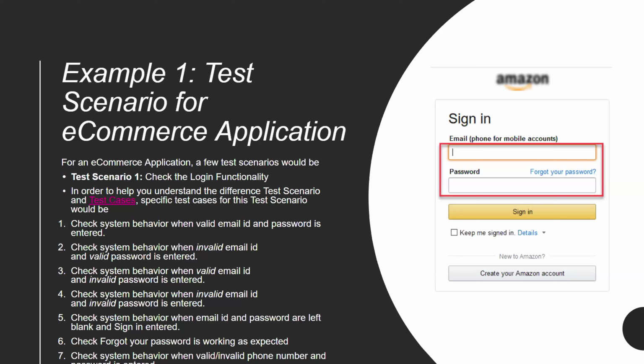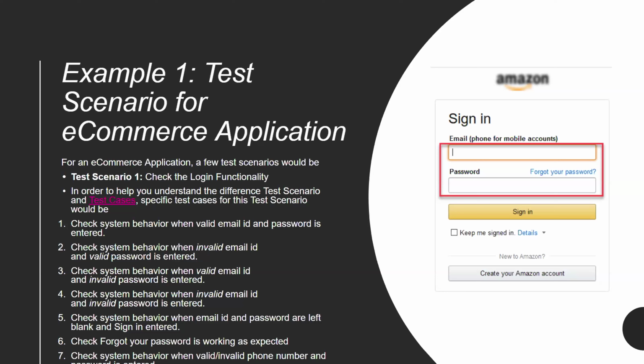For this e-commerce application, you can see now for signing in you need an email or a phone number, and then you need your password, and then you can sign in.